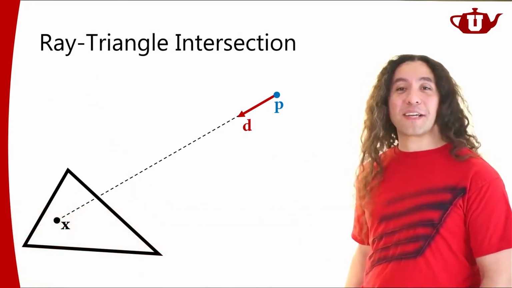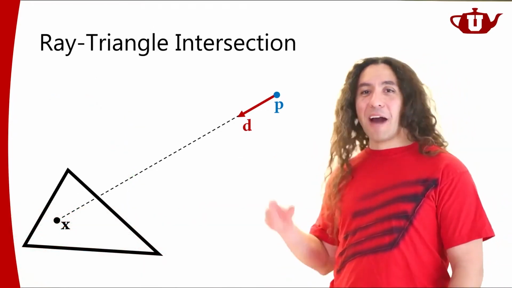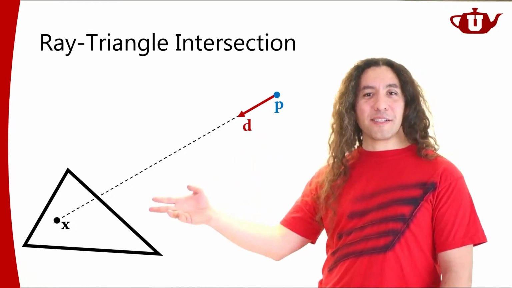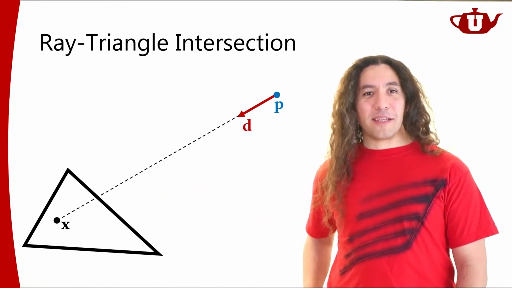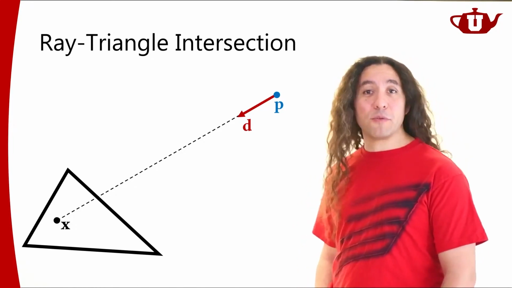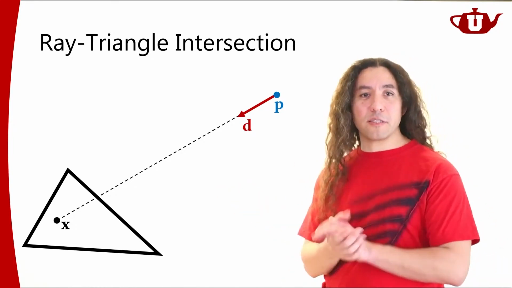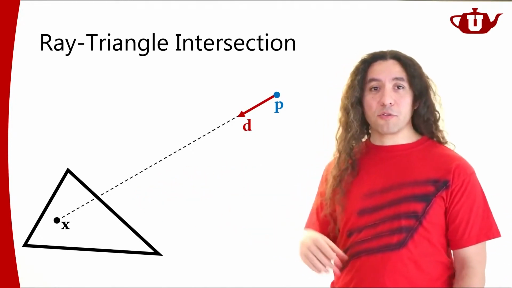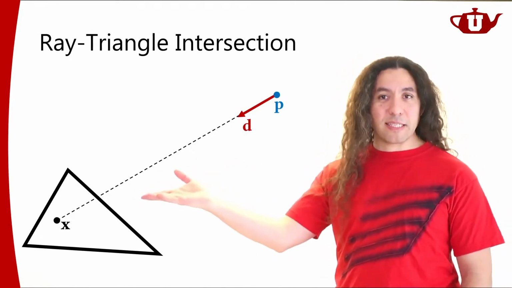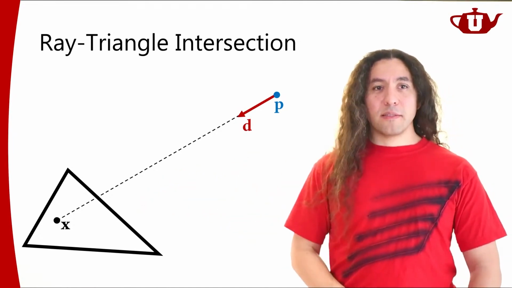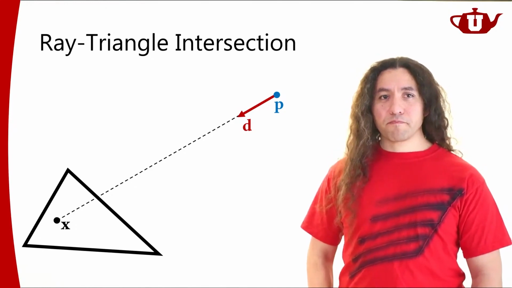So the more interesting bit here is, how do you compute intersections of triangles with rays? Because that's going to be the main operation that we will be using when we're rendering triangular meshes. And since we're representing most objects using triangular meshes, this is the operation that we will be doing very often in a ray tracer.